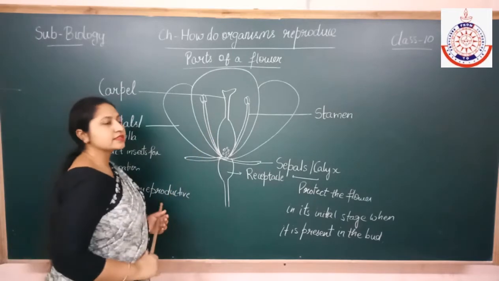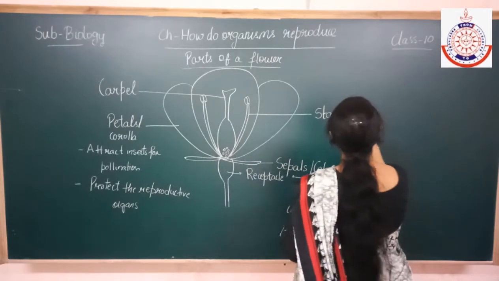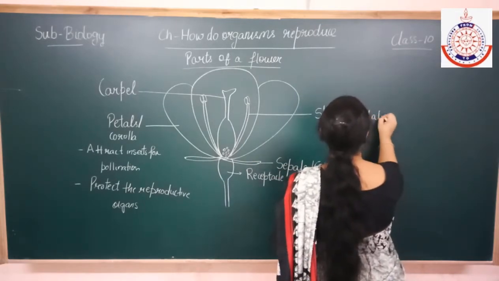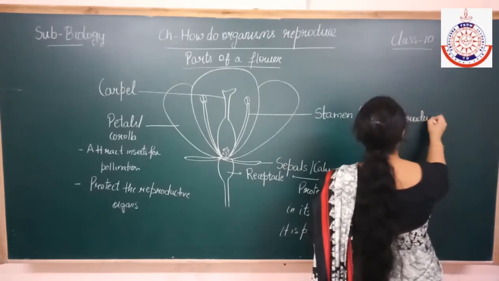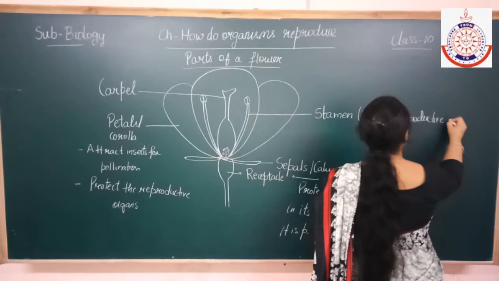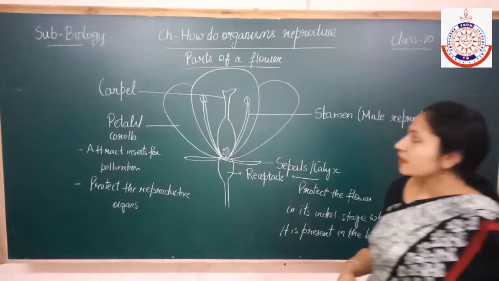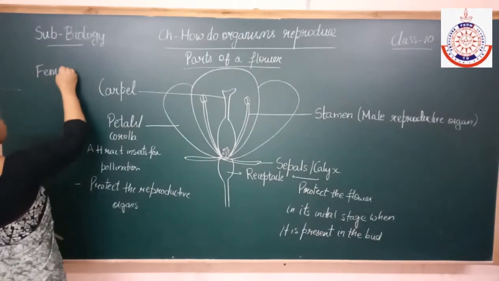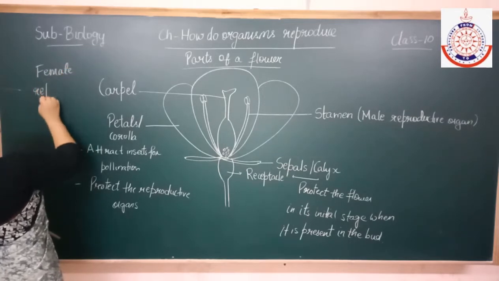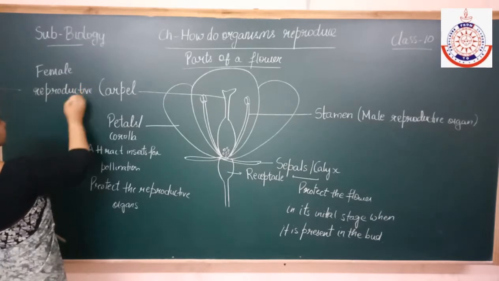Next we will discuss the reproductive organs. Stamen is the male part of the flower, or you can say the male reproductive organ of the flower. And carpel is the female part, or the female reproductive organ of the flower.